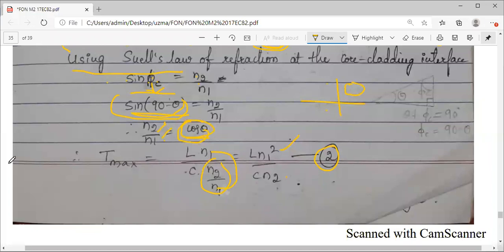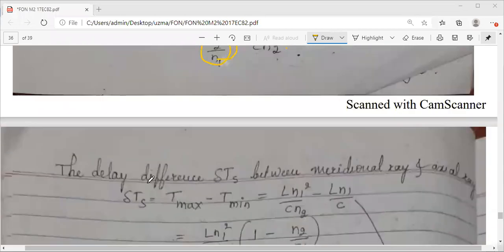If we take the difference between these two times, we will get the delay difference. Let me take it as delta TS.